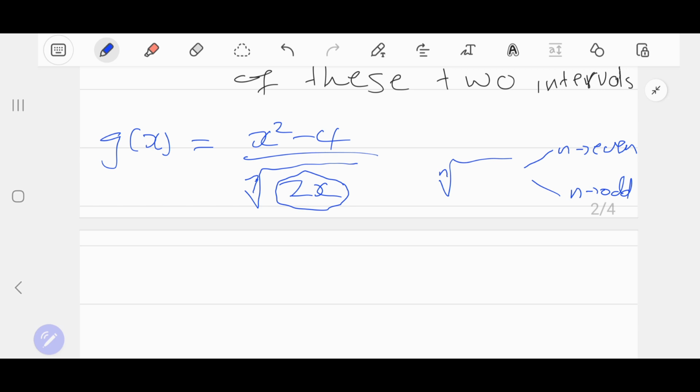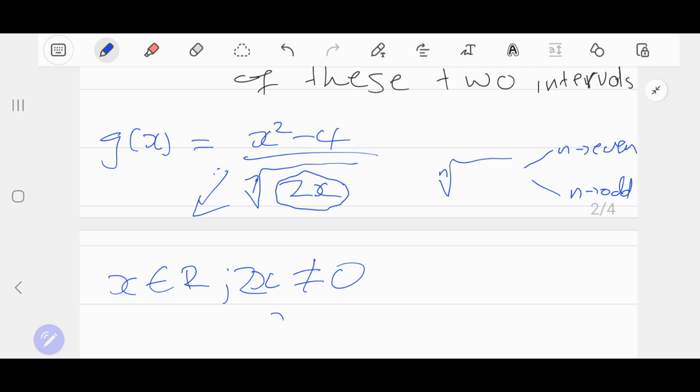So meaning the only restriction here, people, is that this function must not be equal to 0, because when you divide a number or any function with a 0, it is undefined. So the only restriction is the bottom part must not be equal to 0, so our answer will be x is an element of real numbers, but my 2x function must not be equal to 0, and then you solve.